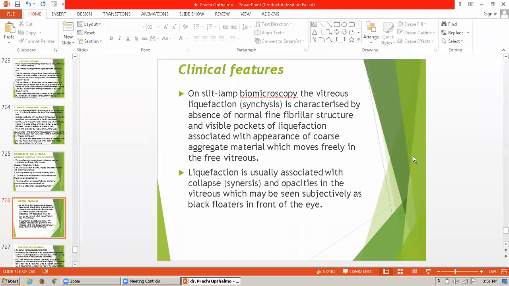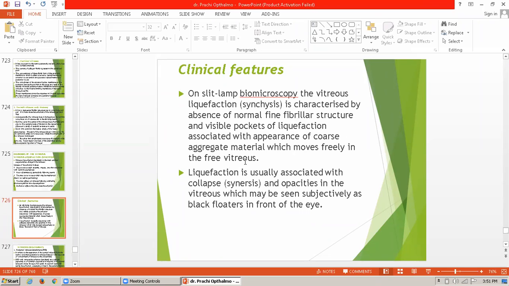Clinical features: on slit lamp biomicroscopy, vitreous liquefaction, that is synchysis, is characterized by absence of the normal fine fibrillar structure and visible pockets of liquefaction, and it is associated with the appearance of coarse aggregated material which moves freely in the free vitreous.